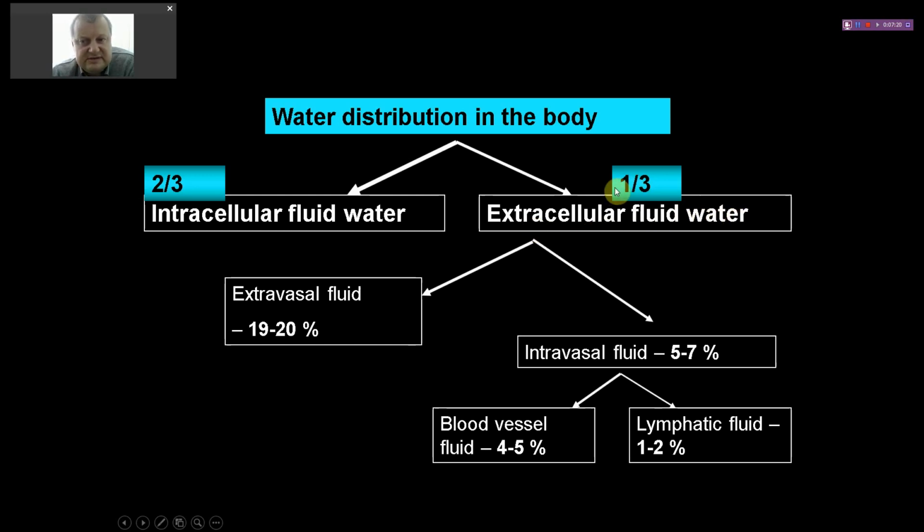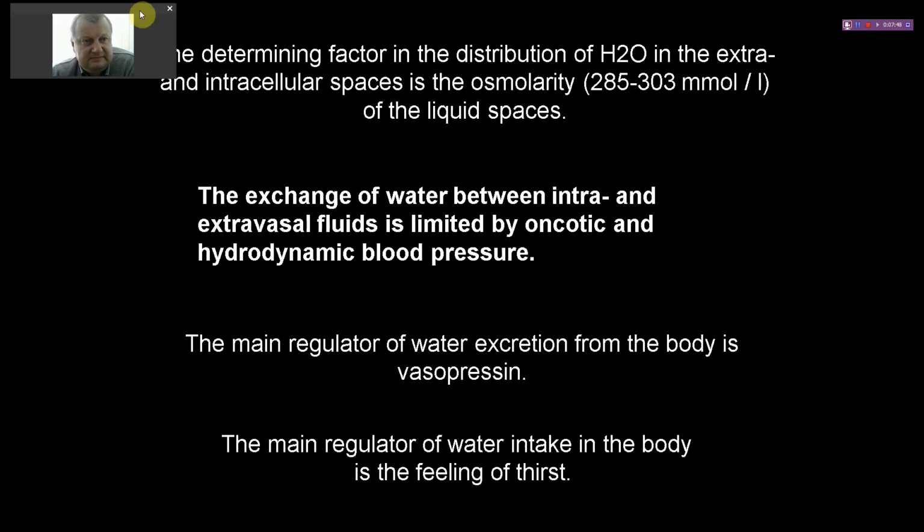And among this amount, approximately 20% is the extravasal fluid, and intravasal fluid is approximately 5%. And among them, it could be the blood vessel fluid and also lymphatic fluid, approximately 1 to 10%.